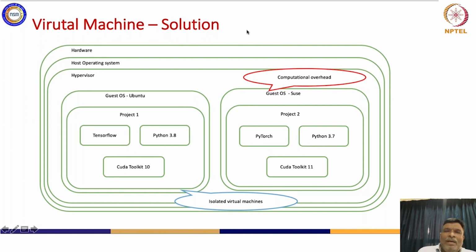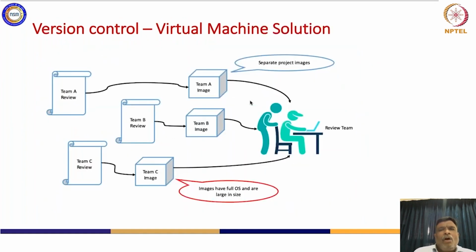But what is the issue? The issue here is that you have got computational overhead in both these cases because you have a guest OS in both of these virtual machines, which will make it more bulky or heavy, right? It takes a lot of memory. So this was one of the possible solutions which was effective till Dockers came.